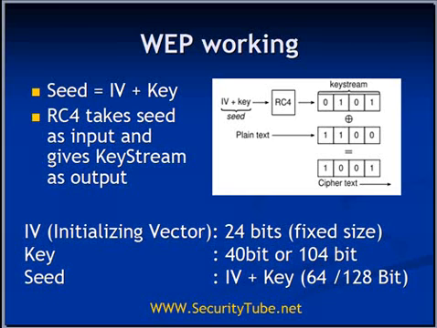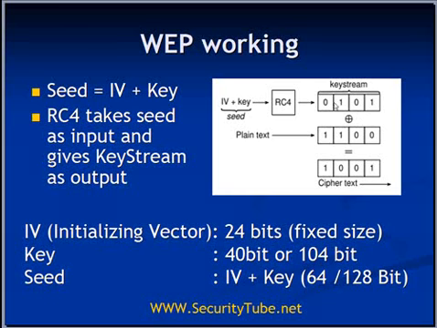Now WEP actually uses the RC4 stream cipher algorithm. So the key will be given to the RC4 block, and the RC4 block will generate a key stream. For a moment forget about the IV. Only consider that the key is given to RC4 as input, and RC4 will spit out a key stream as output.